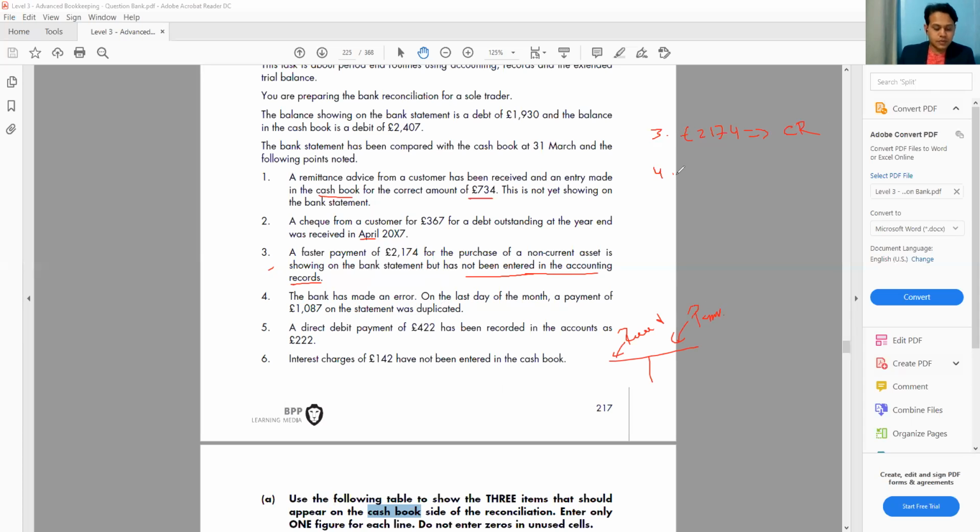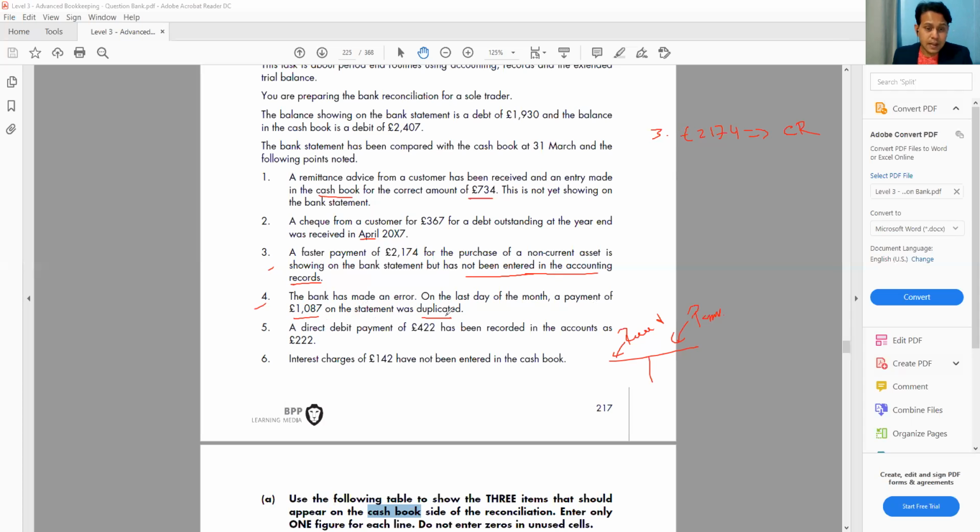All right, let's move to the next one. Number four, the bank has made an error. On the last day of the month, a payment of 1087 on the statement was duplicated. So the bank made an error. Is there anything I can do?